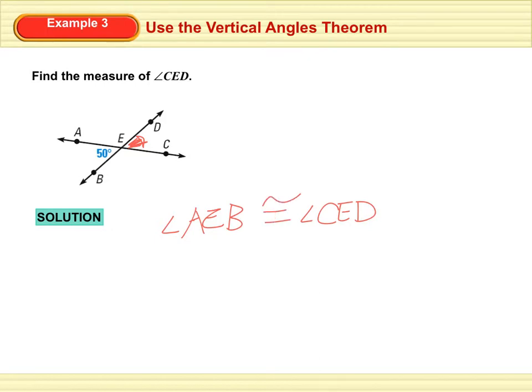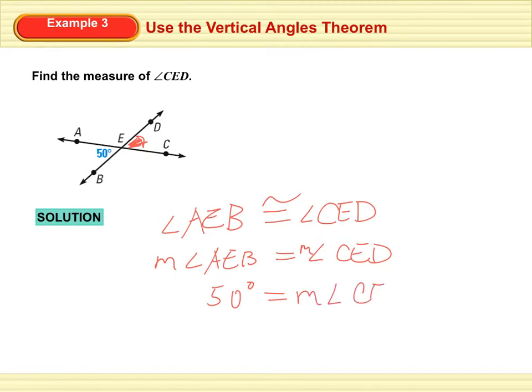So because of that, the measure of AEB should equal the measure of CED. And we know the measure of AEB is 50 degrees. So if we simply substitute it, we draw the conclusion that the measure of CED is 50 degrees. It's the same as the measure of AEB.